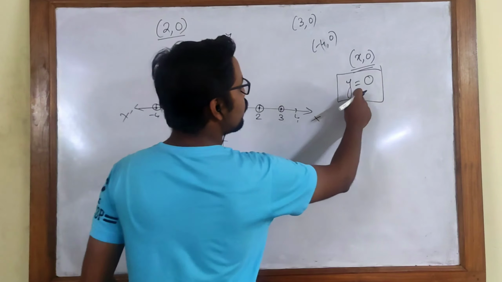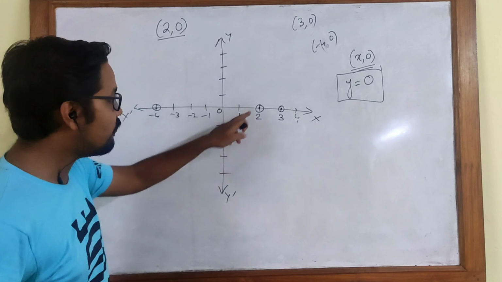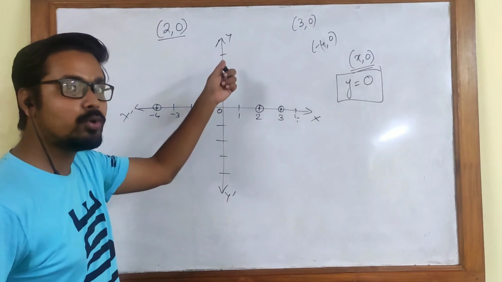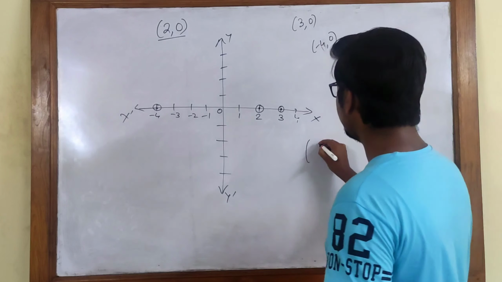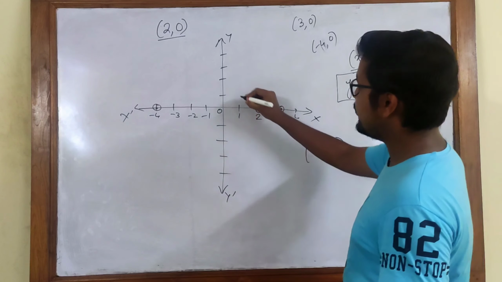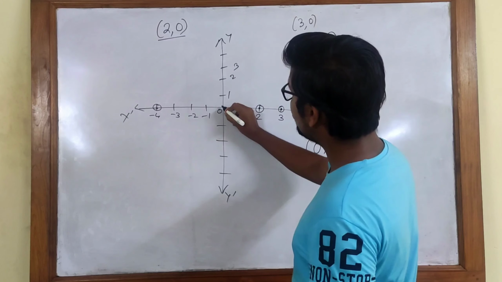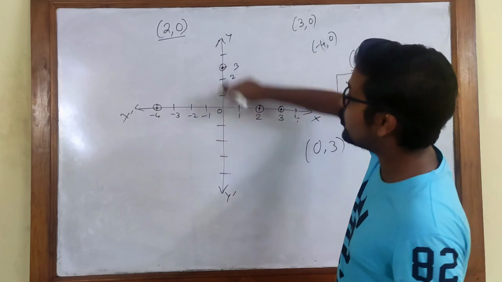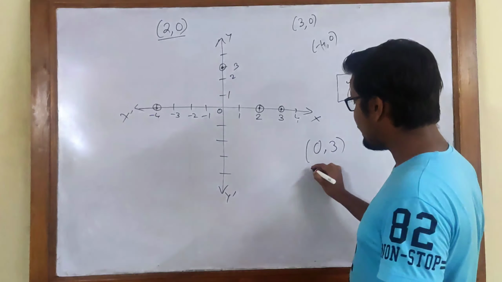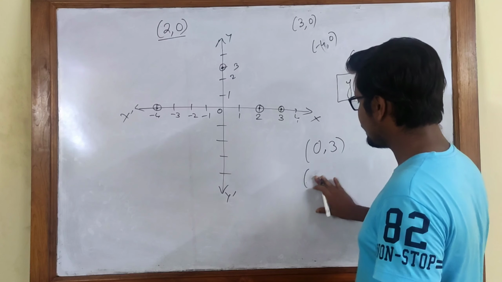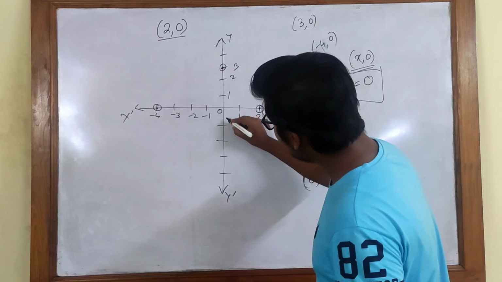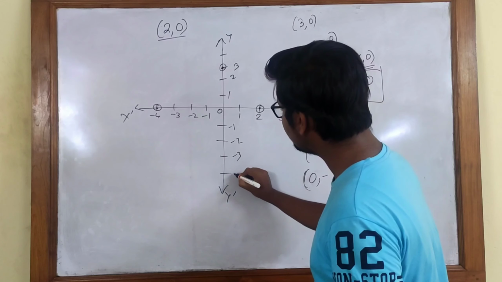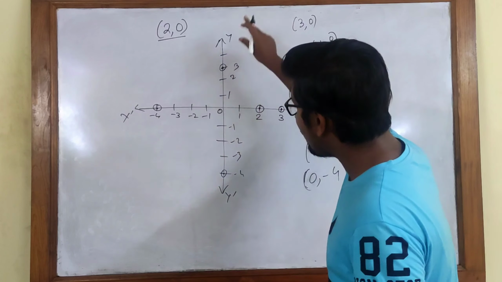So if y equal to 0 gives the equation of the x-axis, then what will be the equation of the y-axis? In case of the y-axis, let us take a point (0, 3). In that case, 1, 2, 3, (0, 3) will be this point. So it lies on the y-axis. If I take (0, -4), this point, 0, -1, -2, -3, -4, will lie on the y-axis.